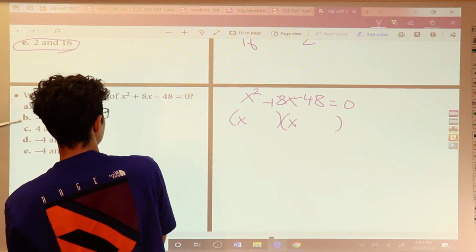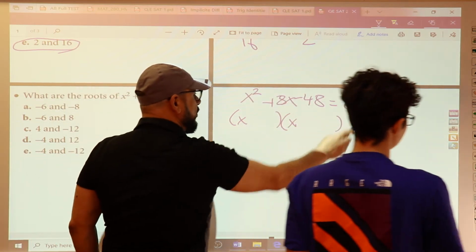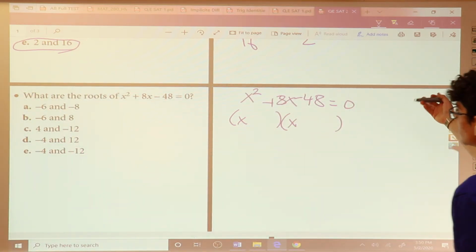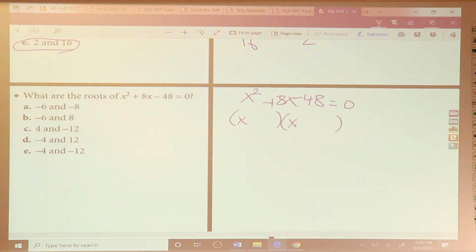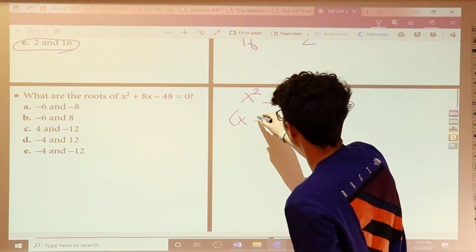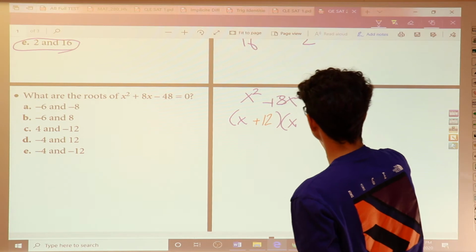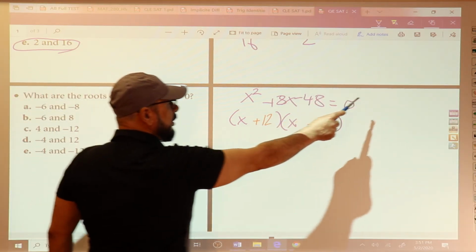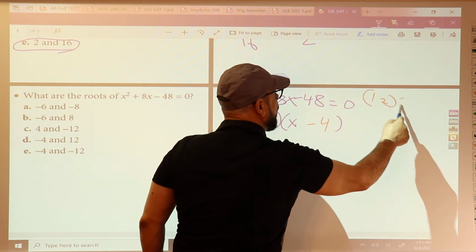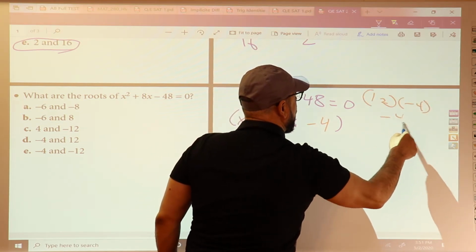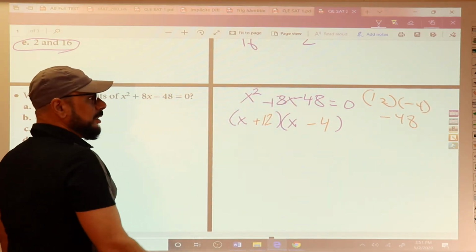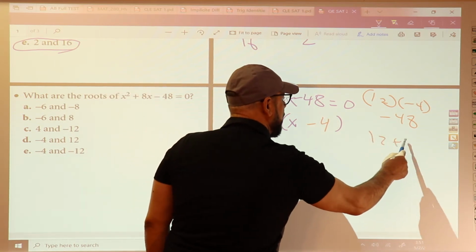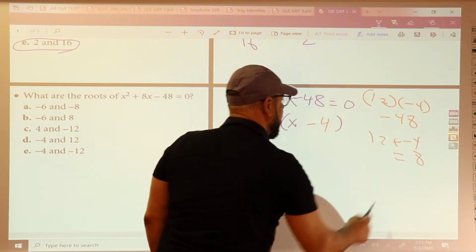On the side, just put them if you have any two choices. 12 and 4, Safe. Positive 12, minus 4. Okay, 12 times negative 4, look here. 12 times negative 4 is negative 48, right? 12 plus negative 4 is 8, right?